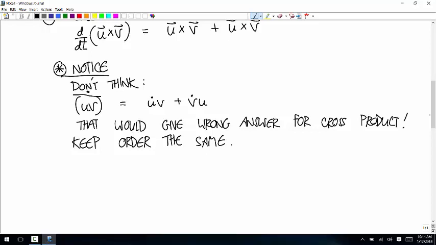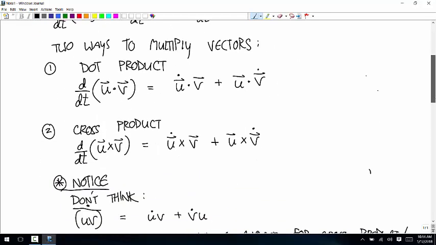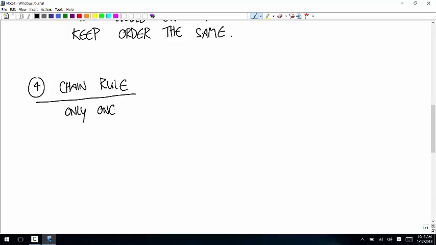Okay. And now chain rule. I'm going to give you the chain rule for total derivatives where there's only one independent variable, because that's all we're going to use.